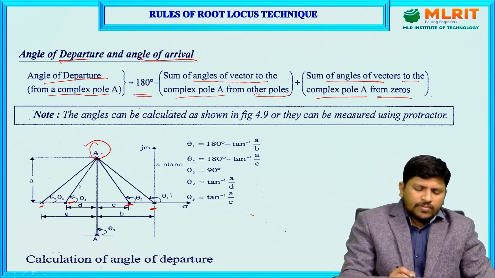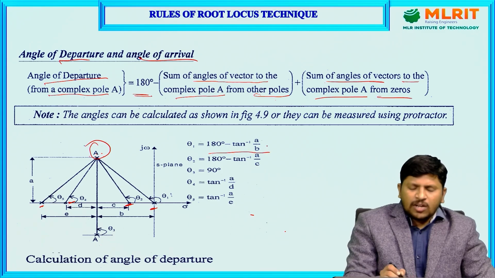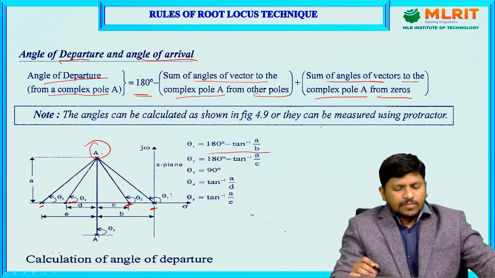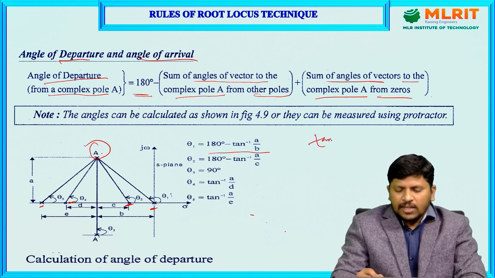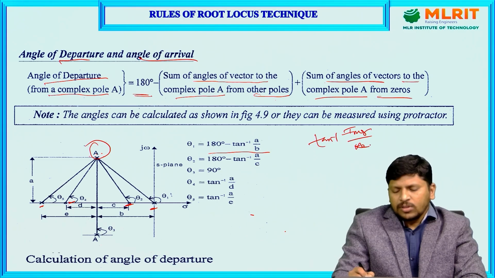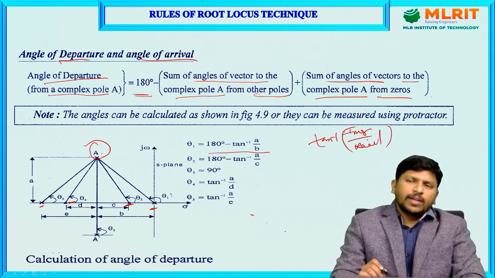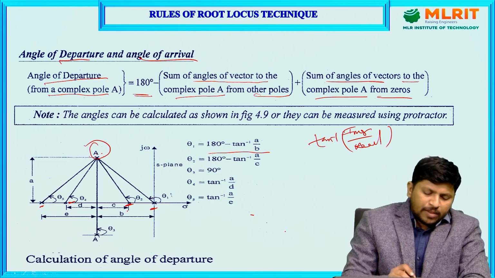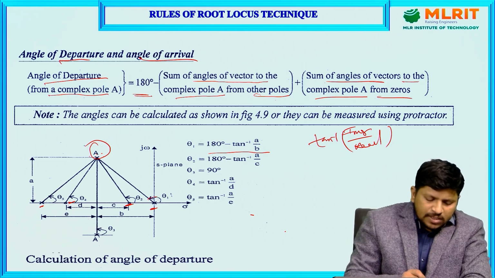So the formula for that value is 180 degrees minus tan inverse of a by b. As in the previous session, tan inverse of imaginary part divided by real part. So imaginary by real. So here tan inverse of a by b, theta 1. Here theta 1 is there, this total value is 180 degrees, but we require only this part.